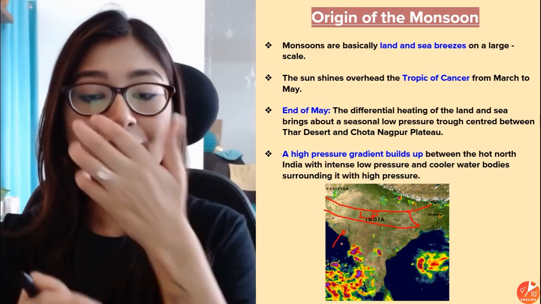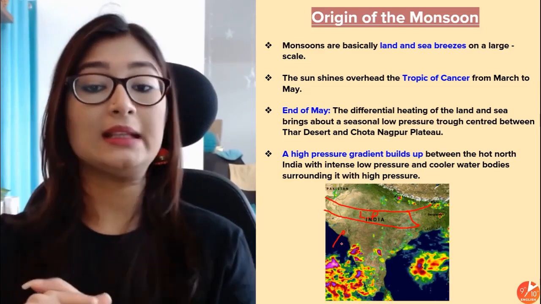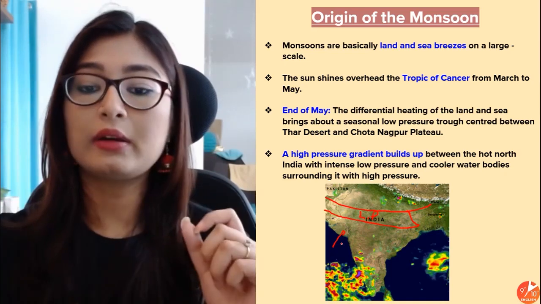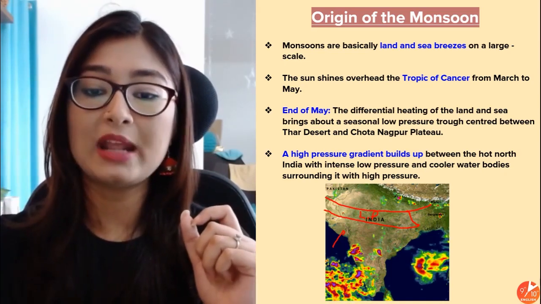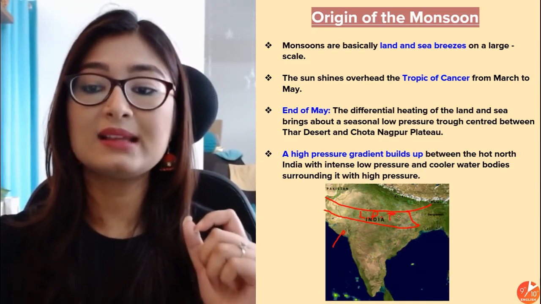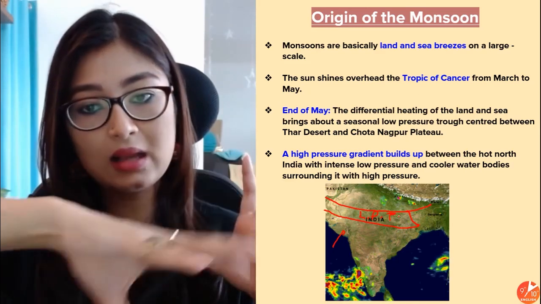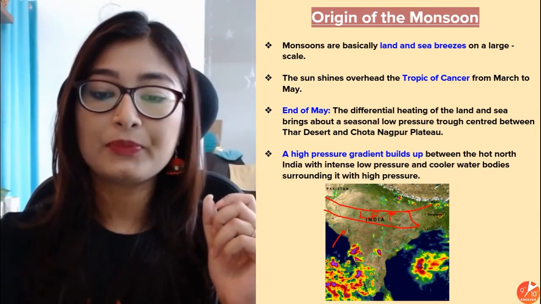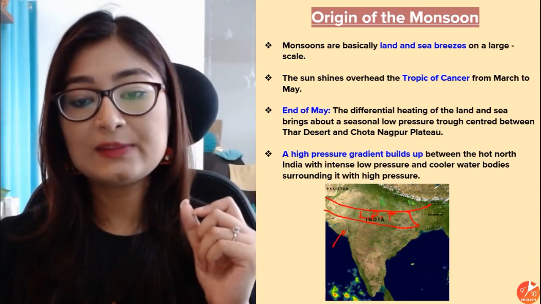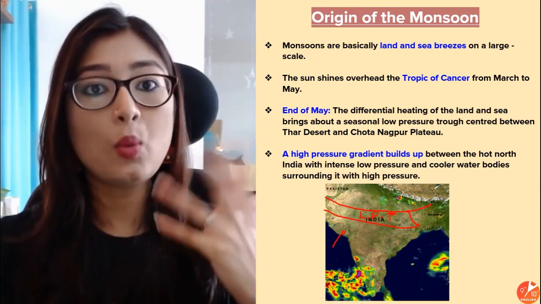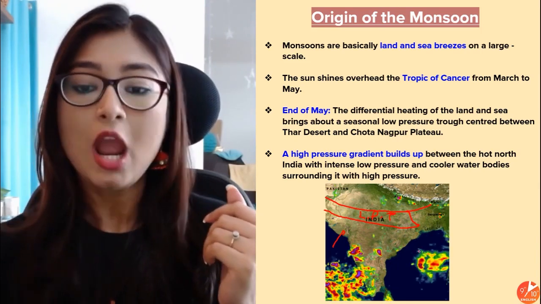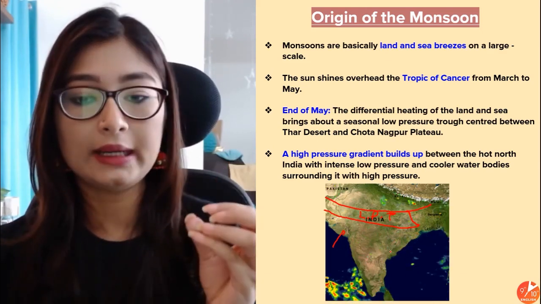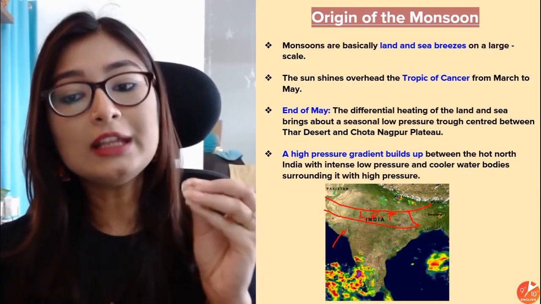Now this differential heating between the land and the sea is what brings out this low pressure trough, as I told you, and a pressure gradient builds up between them. Why does this part become a high pressure gradient? Because of the sea over here, these lands are comparatively moderate, but this part is really low pressure.